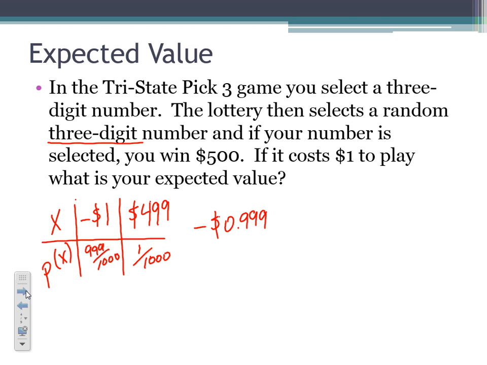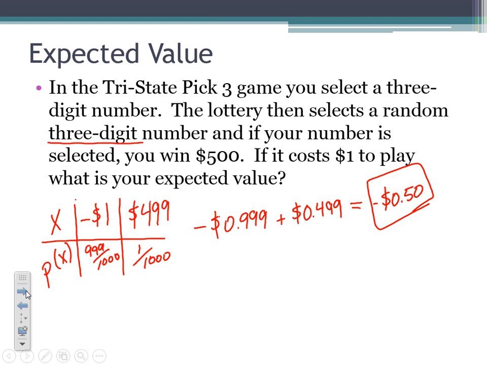And then a positive 499 out of 1,000 would be a positive 0.499. So if I add these two values together, my expected value is a negative 50 cents. Now, what does that mean? That means on average, if I play this game continually over a long period of time, I'm going to lose 50 cents per play.